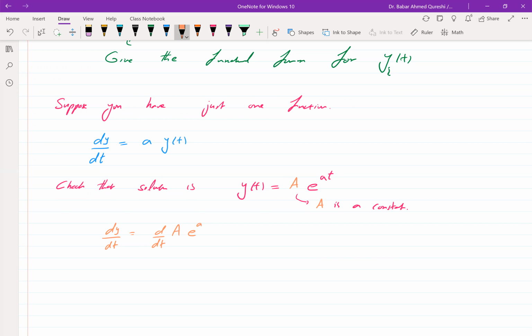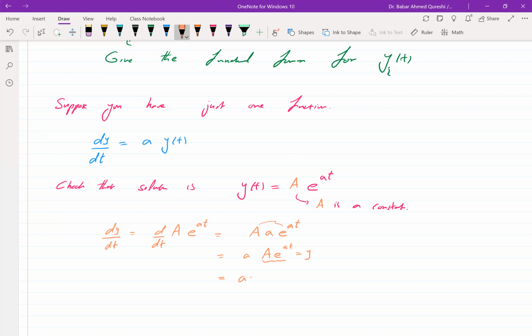So if I take a derivative, this is equal to a comes outside, and the derivative of exponential brings down an a, small a, and the exponential is reproduced back. So this thing is just y.